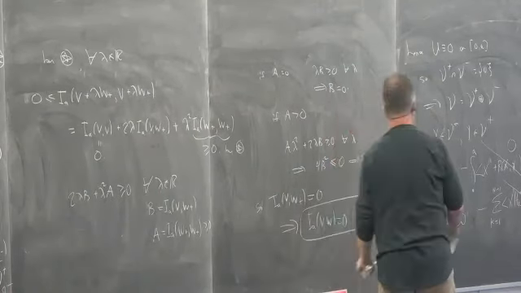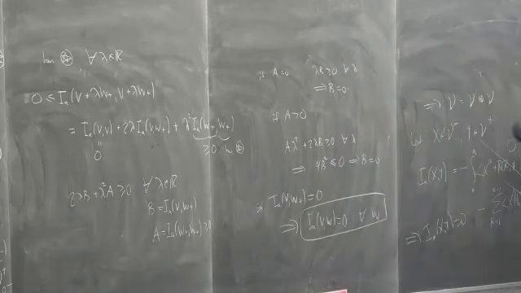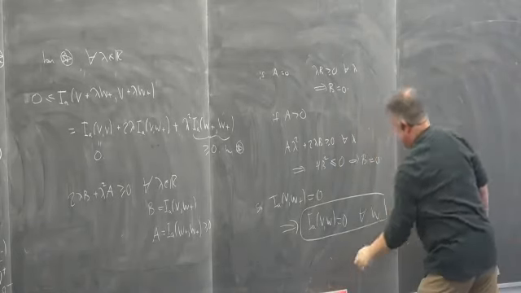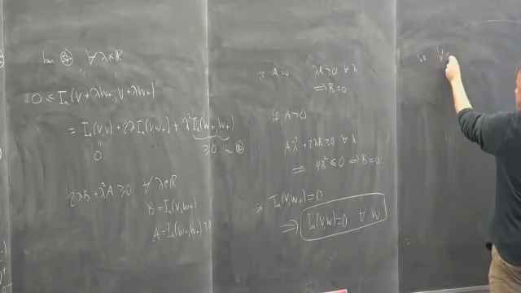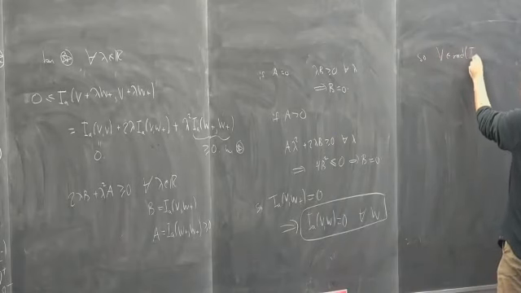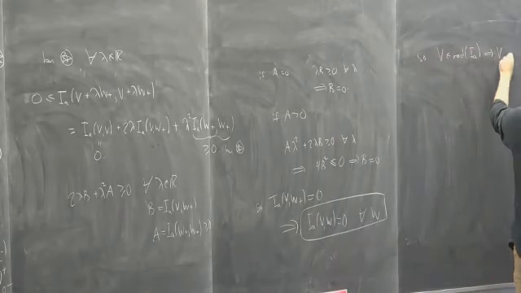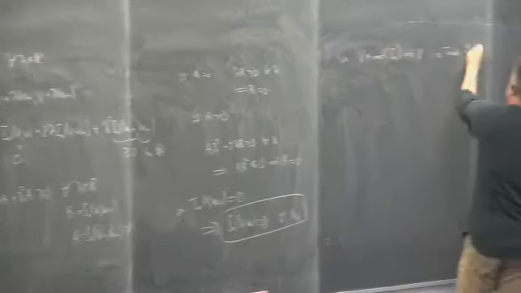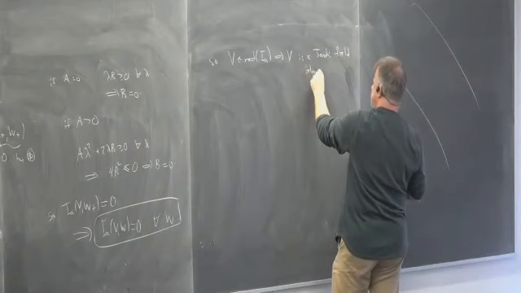Okay, but now that means V is in the radical. Therefore, it's a Jacobi field from the previous proposition. So V is in the radical of IA, implies V is a Jacobi field along gamma.